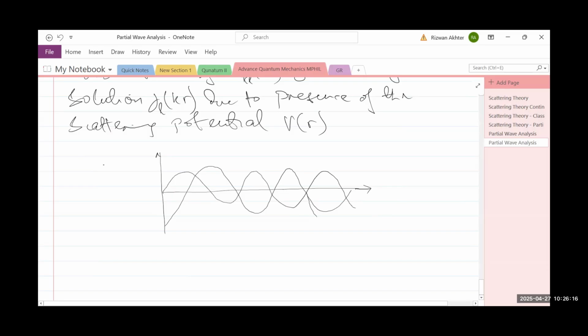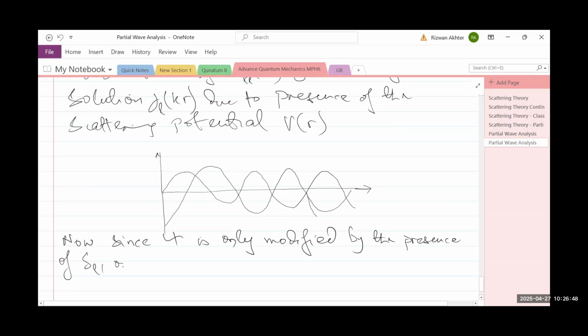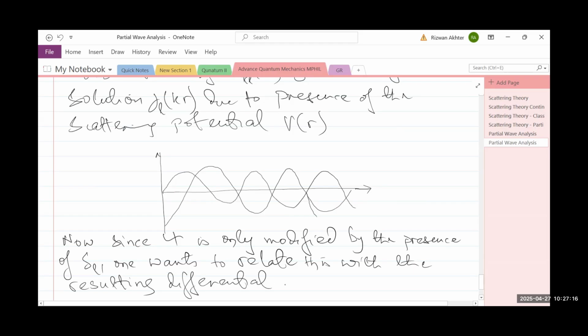So one could say now, since psi, the wave function, is only modified, अगर आप गौर करें, the only modification is because of this factor delta L. One then wants to relate this with the resulting differential scattering cross section. यानी दूसरे लफ्ज़ों में अब हमें क्या करना चाहिए?